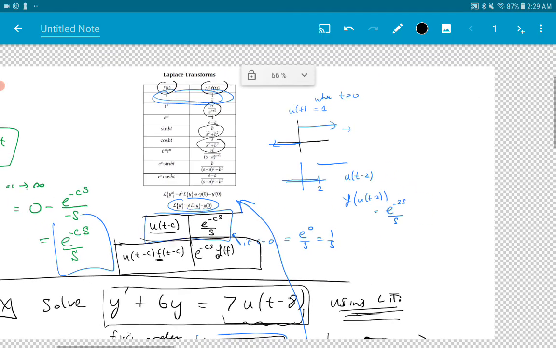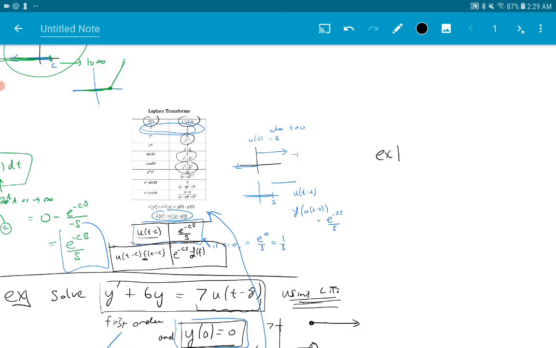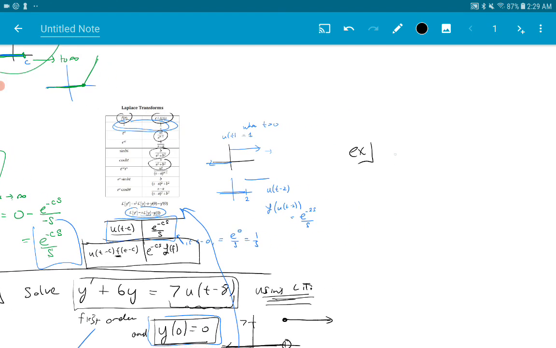Okay, so we'll just do a quick example of that. Suppose we have this function g of t is u of t minus 7 times, let's say, t minus 7 to the 4th power. See how that's basically this here?